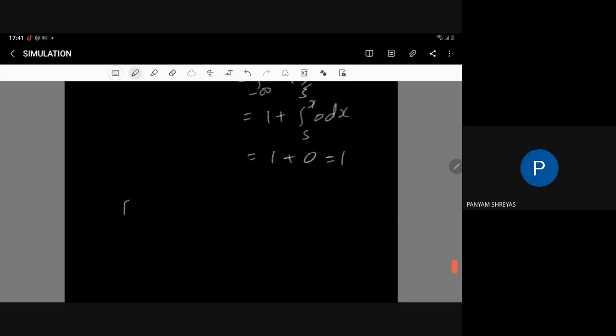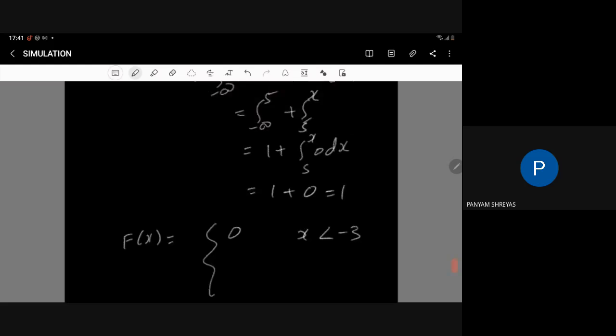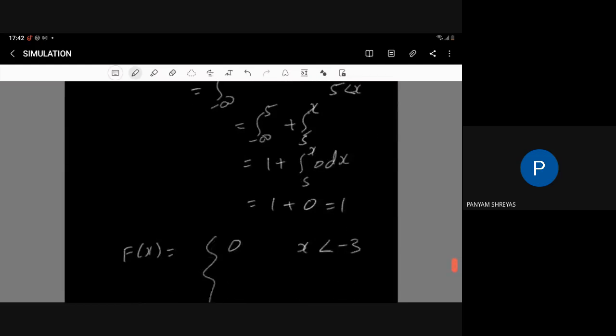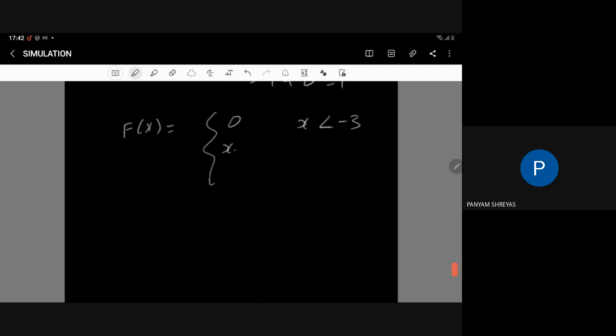So in the final form, when we write F(x), it will become 0 when x is less than -3, (x plus 3) upon 8 for x from -3 to 5, and 1 for x beyond 5. So here also you can note that here we have 0 to 1, here we have minus infinity to infinity, with equality on the left side.